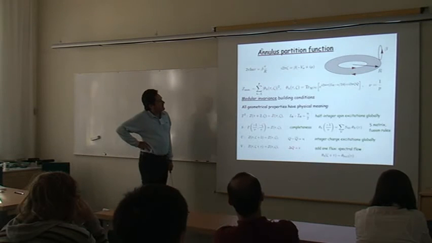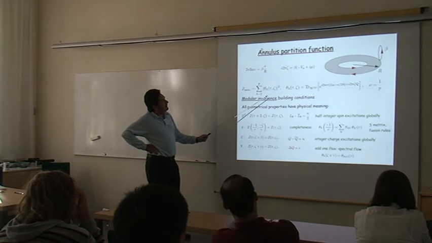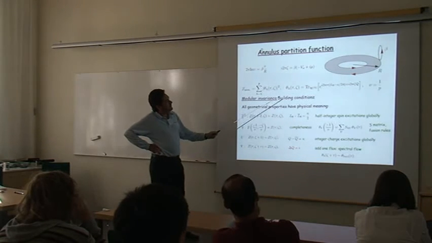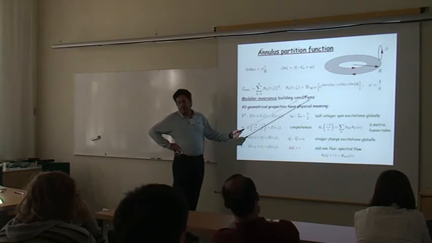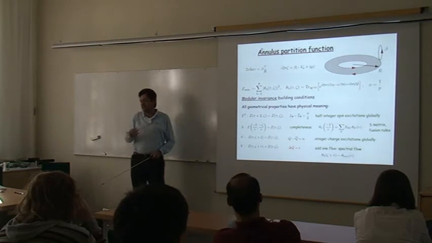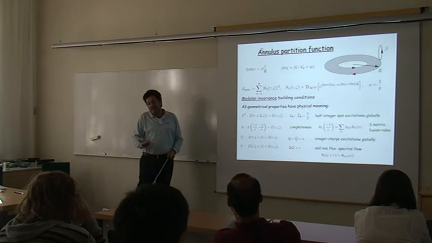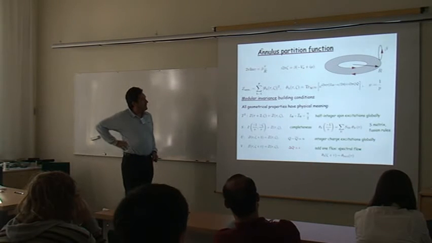So this is the trace over possible states. But in fact, the trace decomposes itself into sectors of the theory. For example, the sector with the fractional charge 1/3 is a sector, 2/3 is another sector, and fractional charge 0 is a third sector.